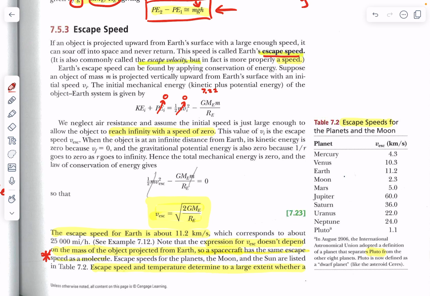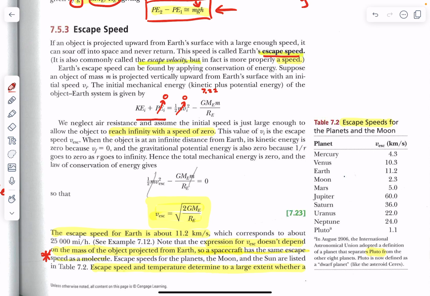And from the perspective of the Earth, because it's going out in all different directions wherever you're trying to take off from the Earth, we usually think of it as a speed as opposed to a velocity. In any case, in order to calculate this escape speed, we're going to begin with the energy.